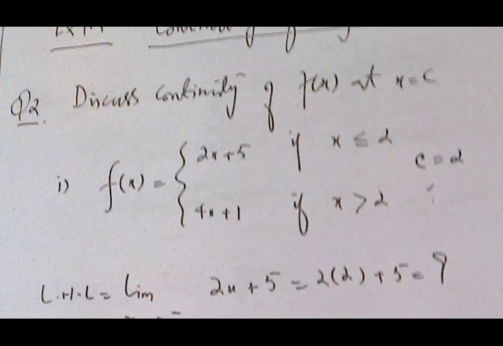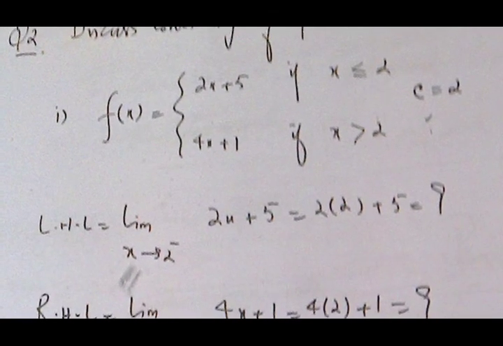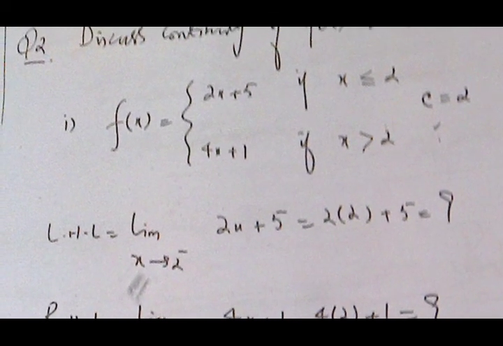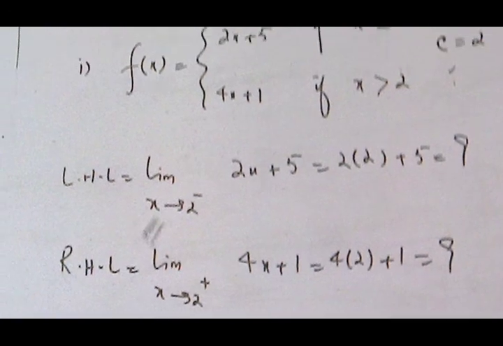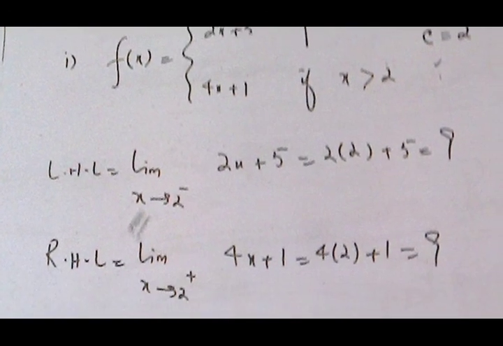Now in this question we have two functions, 2x plus 5 and 4x plus 1. For x less than or equal to 2, we put the left hand limit in the first function and also f of c in the first function, and for x greater than 2 we use 4x plus 1 for the right hand limit. Now for the left hand limit, we use the first function, it gives 9.